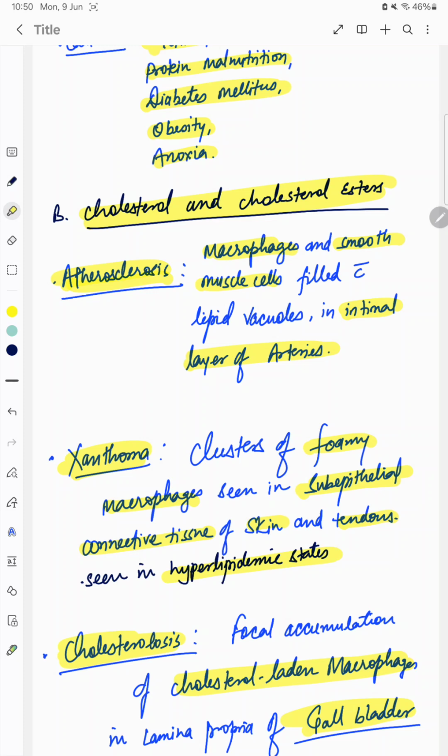In xanthoma, there are clusters of foamy macrophages seen in subepithelial connective tissue of skin and tendons in hyperlipidemic individuals.